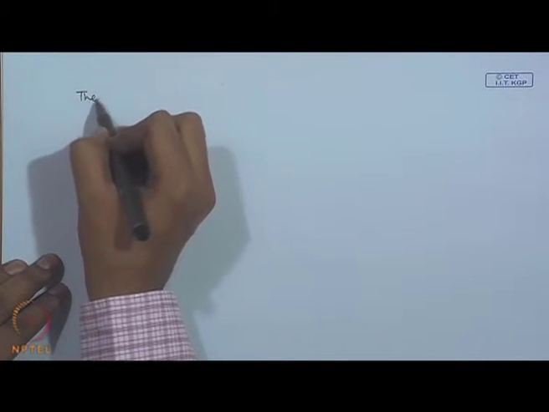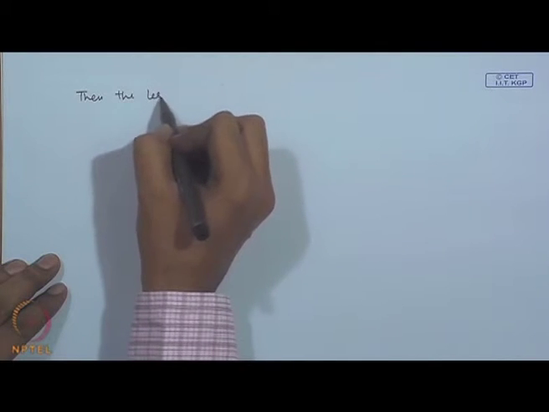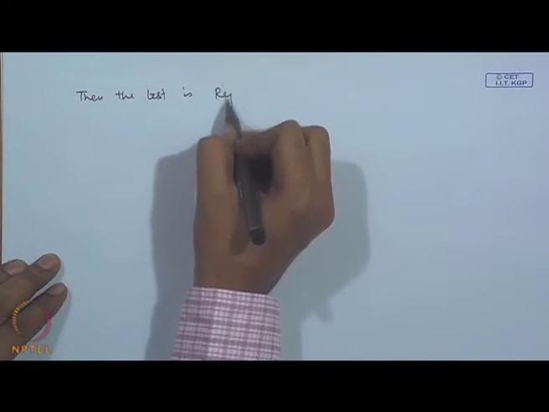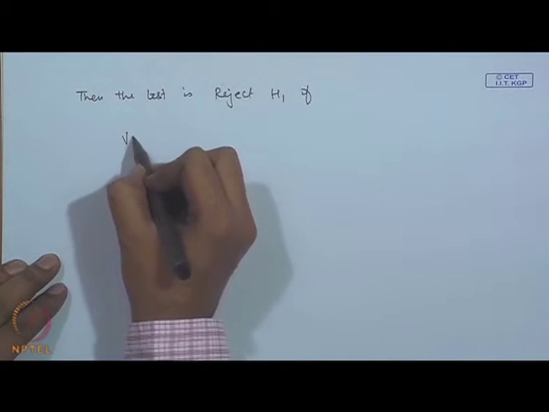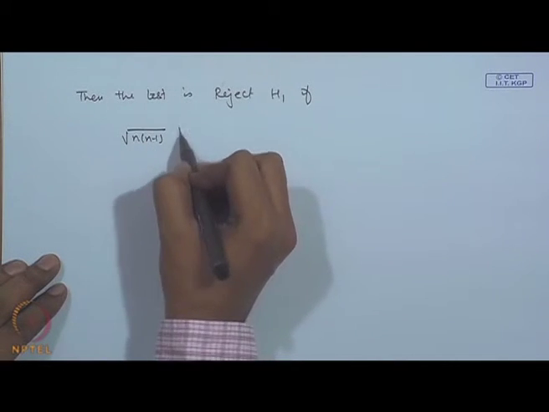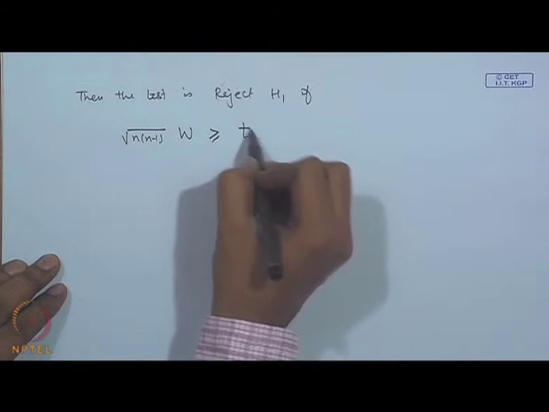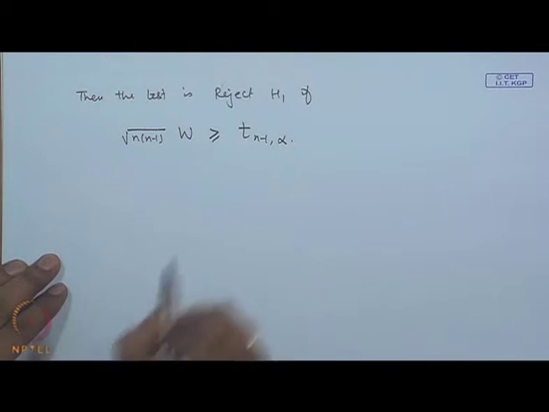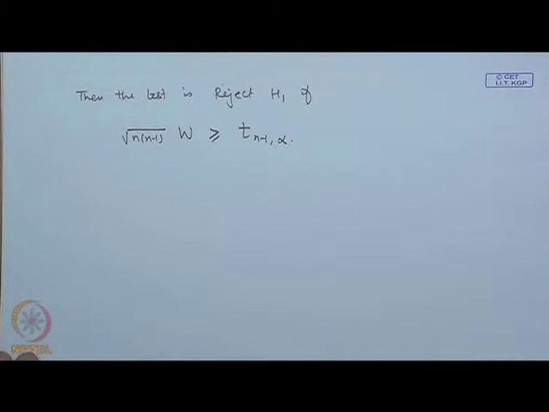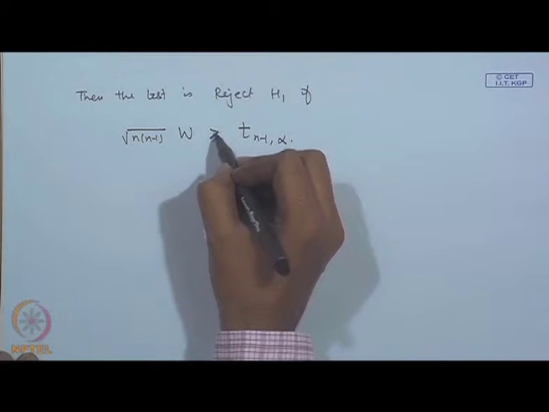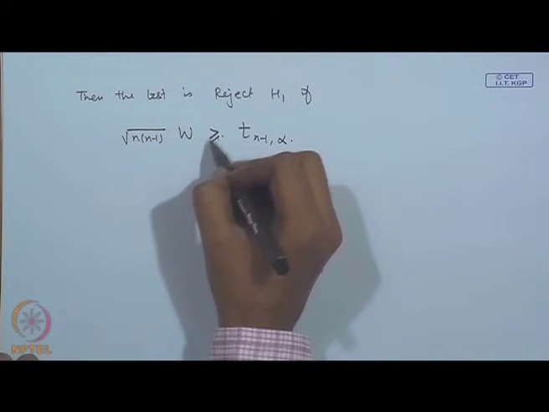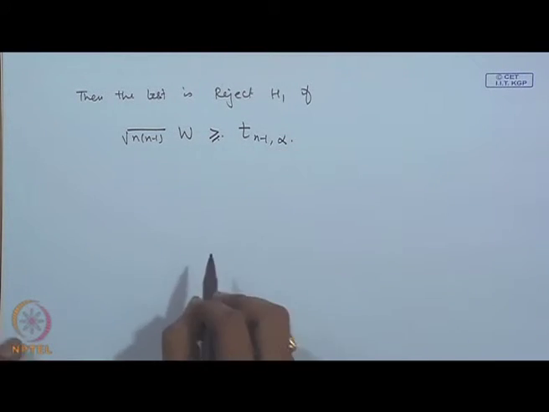If I use the notation which I have developed here, then the test is reject H 1 if root n into n minus 1 W is greater than or equal to t n minus 1 alpha. So, this is the exact test. We may include equality or we may not include equality here, it does not make any difference.